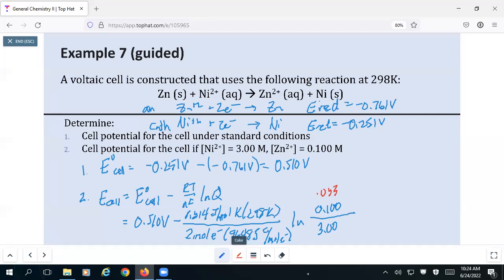So the natural log of that times 8.314 times 298 divided by 2 divided by 96,485.